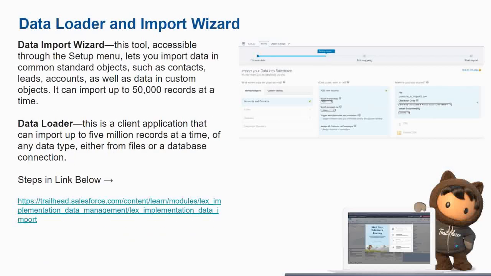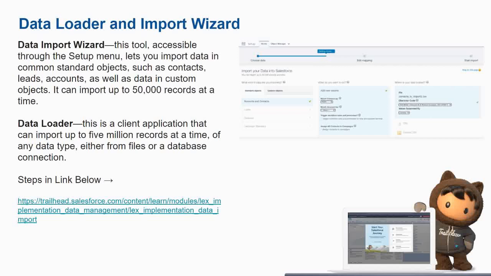Data loader and data import wizard. Oftentimes you will need to import data from outside, from CSV files. For this there is the data import wizard, which comes out of the box. You can search for it in the Quick Find box and import data with just one click into your objects, like contacts, accounts, whatever.